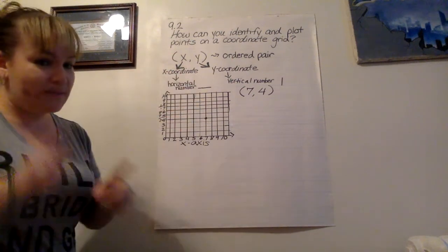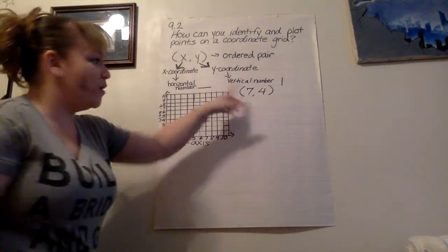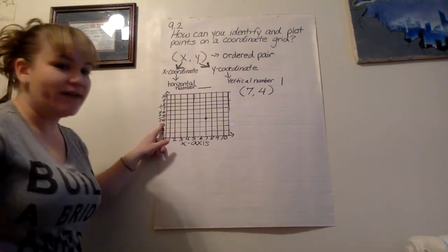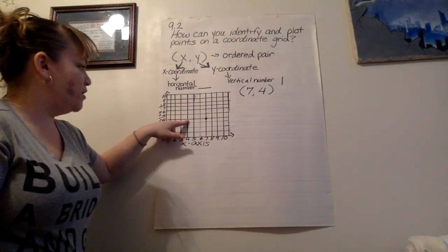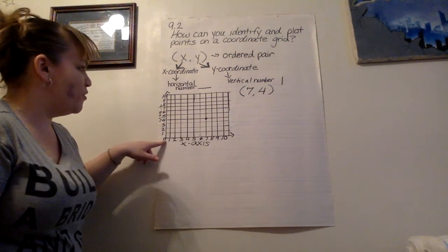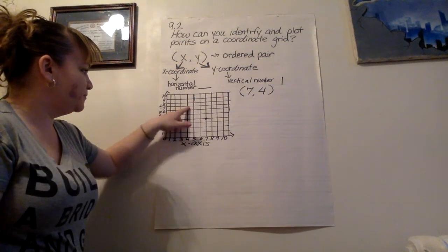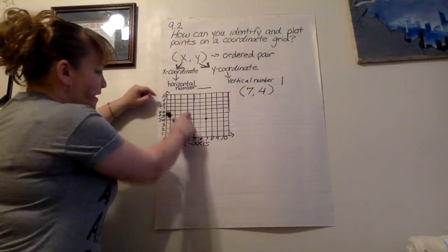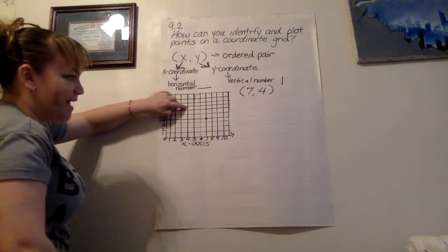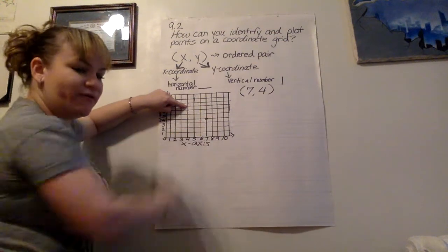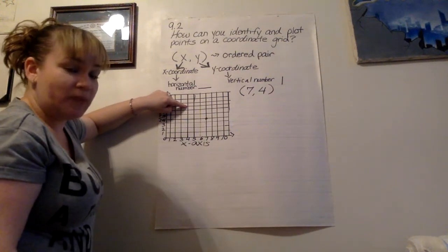All right. Now, don't make the mistake of going Y first. This is a very common mistake kids make. They'll go 4, and then they'll go 4, 7. You see? Look where it's at. If I did 4, 7 and plotted here, that's not the same point as here, 7, 4. There's a difference, so be careful.